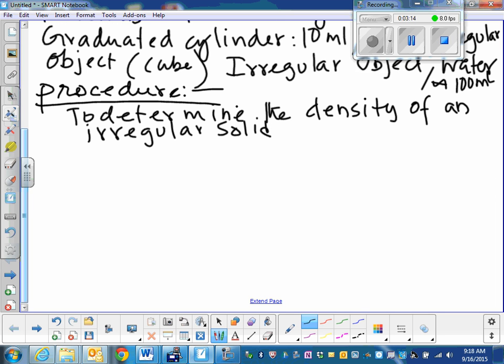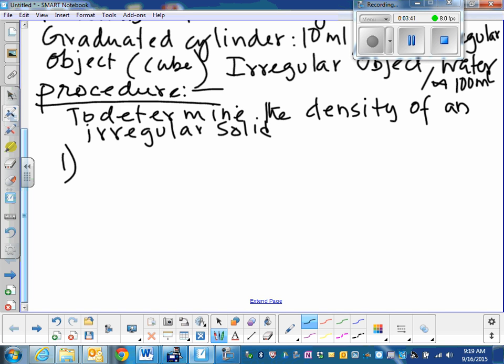So what was my step number one? Can somebody tell me, what did we do? We right away started putting water into the graduated cylinder. Was that our step one? What did we do first? We found the mass of how many rubber stoppers? All 5 rubber stoppers? All right.